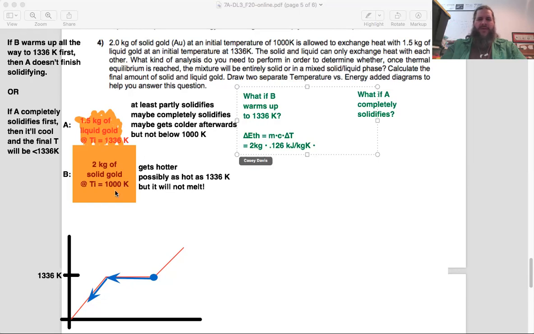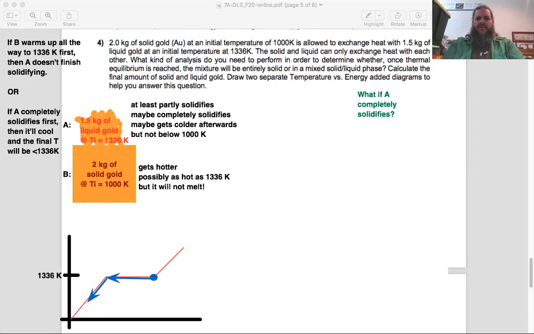Yeah, if we're going from 1000 to 1336, and note that we don't know for sure that it does warm up to 1336, this is just a hypothetical. If it warms up all the way to 1336, then the change in temperature would be plus 336 Kelvin. So we multiply that out: 2 times 0.126 times 336, and that's about 84.7 kilojoules. So that's how much energy object B has to gain in order to warm up all the way to 1336. Any questions on that so far?